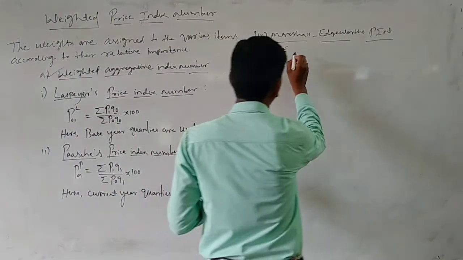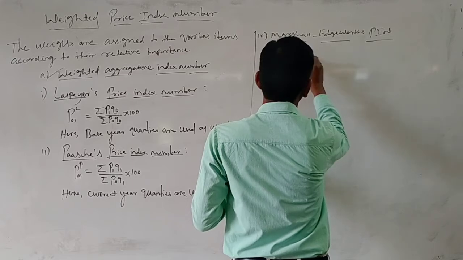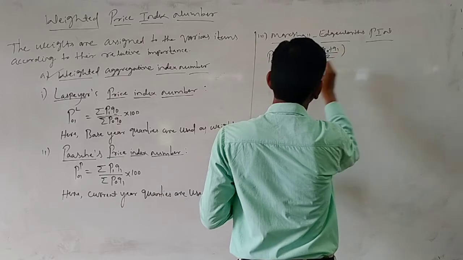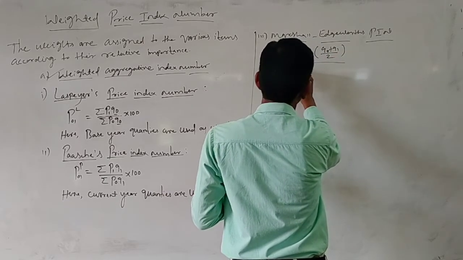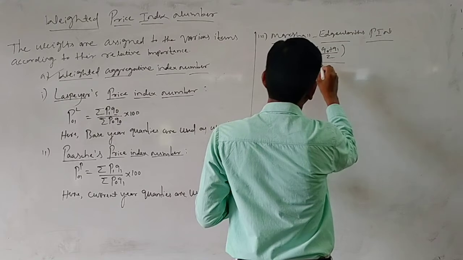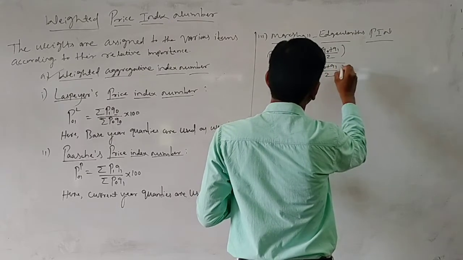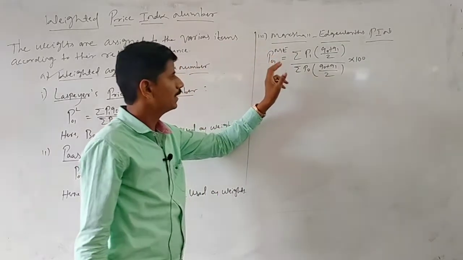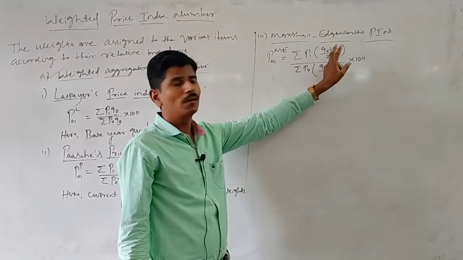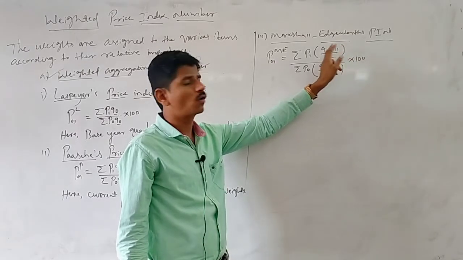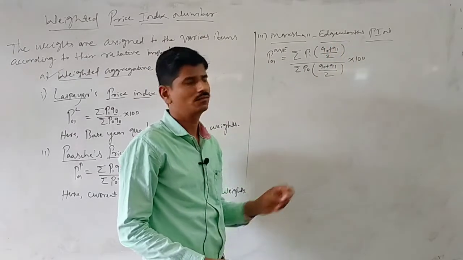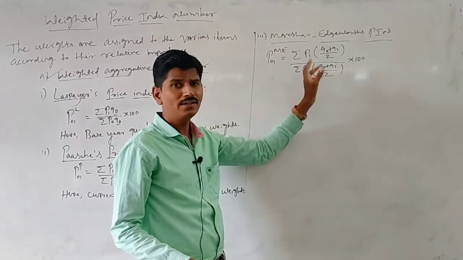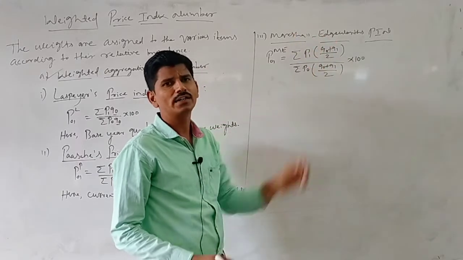See here, sum of P1 times Q0 plus Q1 divided by 2, over sum of P0 times Q0 plus Q1 divided by 2. The average of both base year and current year quantities are taken as weights. Here also Q0 plus Q1 divided by 2.